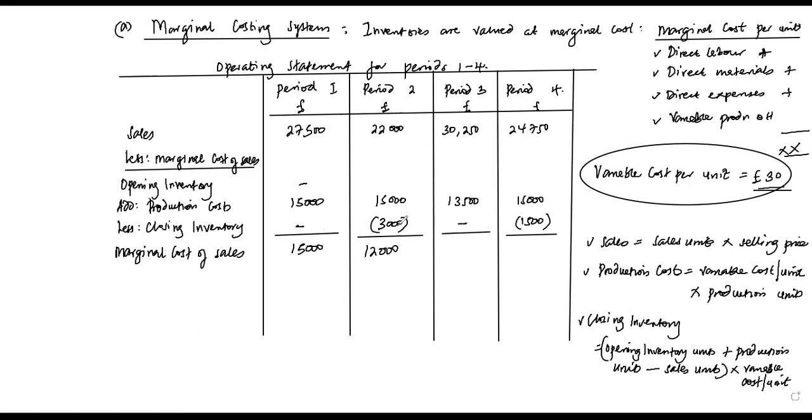However, in period 3, since we have the closing inventory of period 2, this closing inventory of period 2 becomes the opening inventory of period 3. So here we put 3,000. Meaning that in period 3, your marginal cost of sales is 3,000 plus 13,500, giving us 16,500.